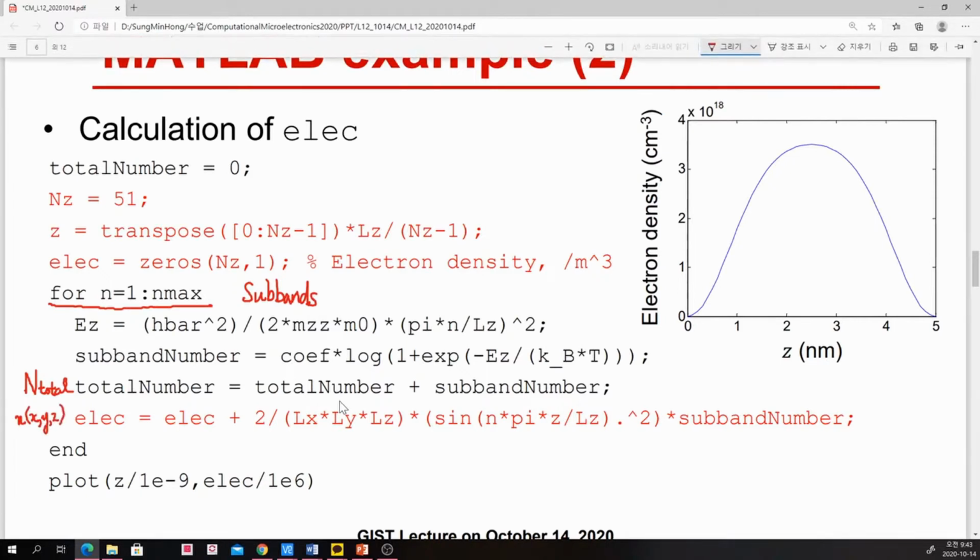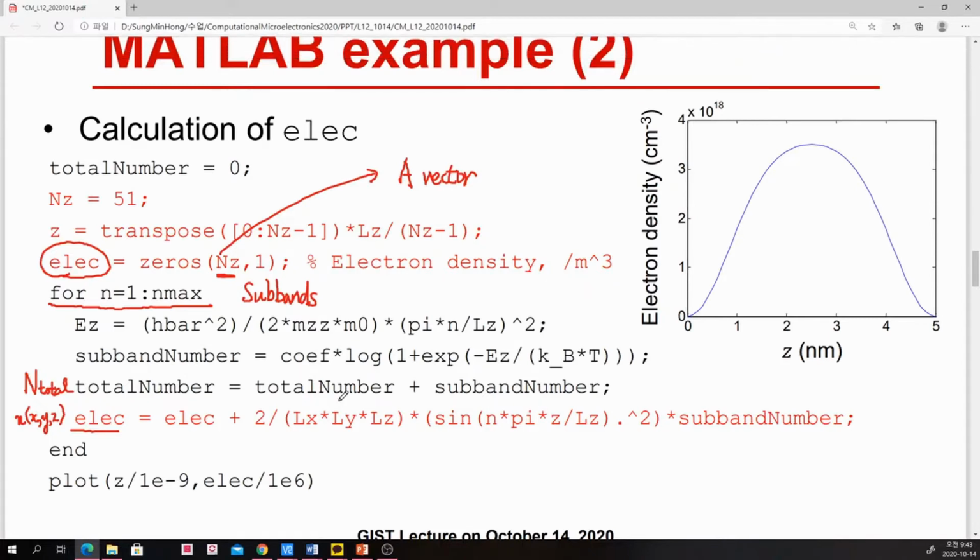So please have a look at this electron density. This electron density is defined as a vector whose size is determined by nz, which is the number of real space positions, so z directional positions.